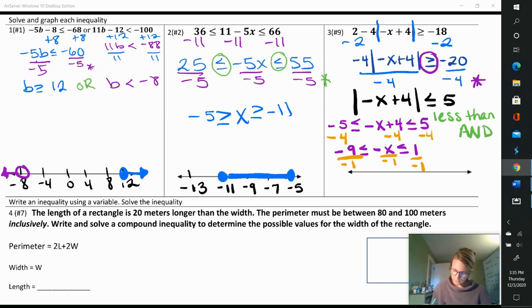So the solution to this absolute value inequality, make sure you flip there because we divided by a negative. So x needs to be greater than or equal to negative 1 and also less than or equal to positive 9.